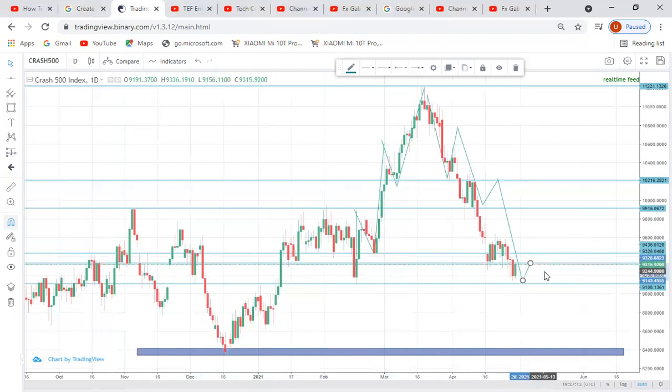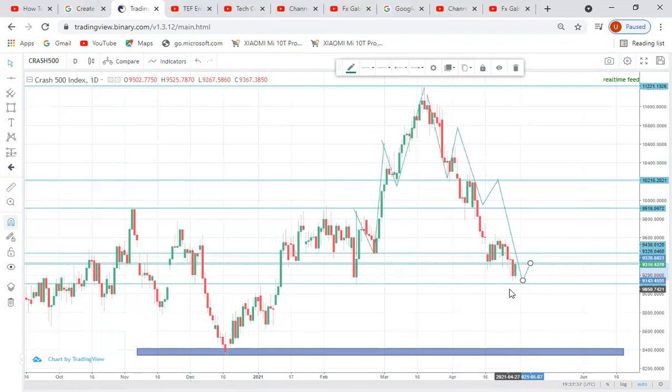So for now, I'm seeing a buy, but we need another entry if we must join this trade at the moment, because I want the market to do some retracement. I will change the time frame so we can see clearly.